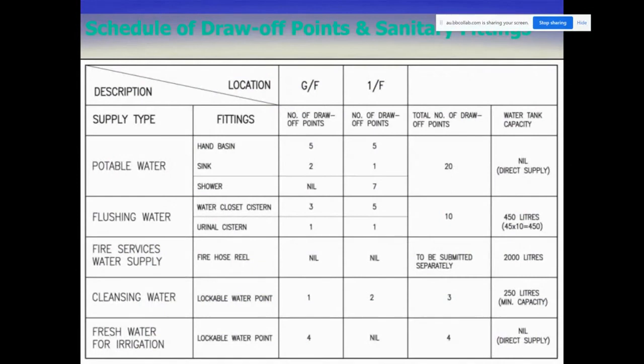And then this table shows the schedule, that means the numbers of fixtures on different floors, points of sanitary fittings. This table can also be printed on the big A0 drawing or the legend of your design.